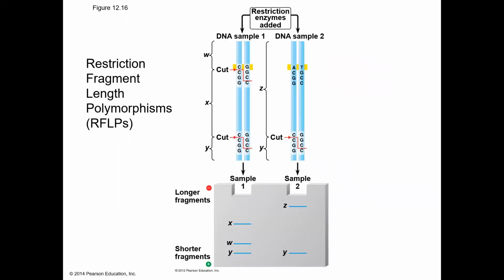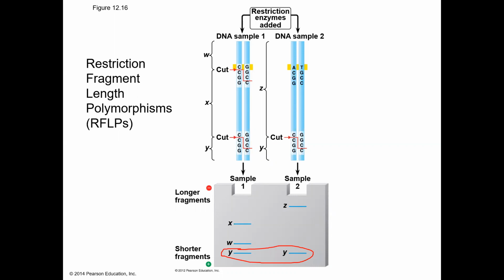And I just want to pull up the gel here. So when you're doing RFLPs, you can start to compare one sample to another simply based on how that restriction enzyme is going to interact with that particular single nucleotide polymorphism site.